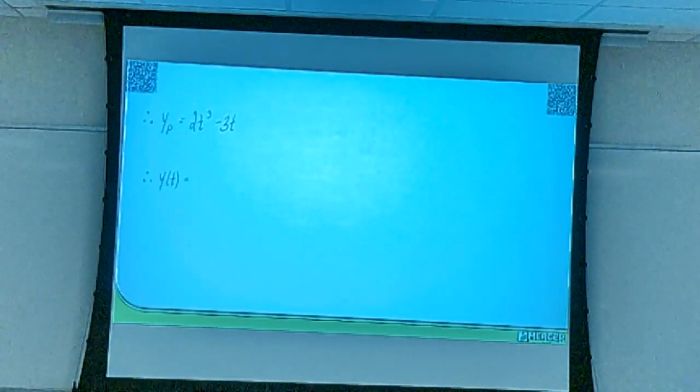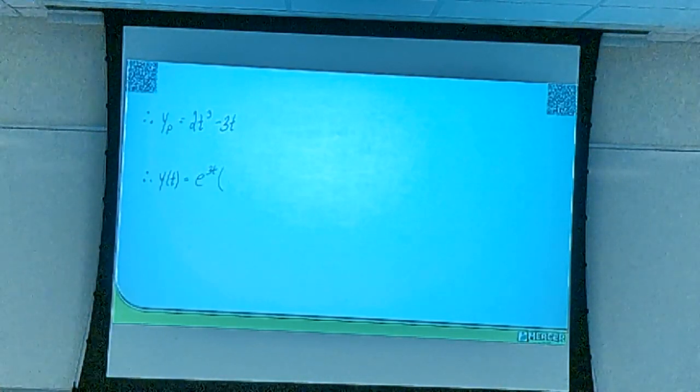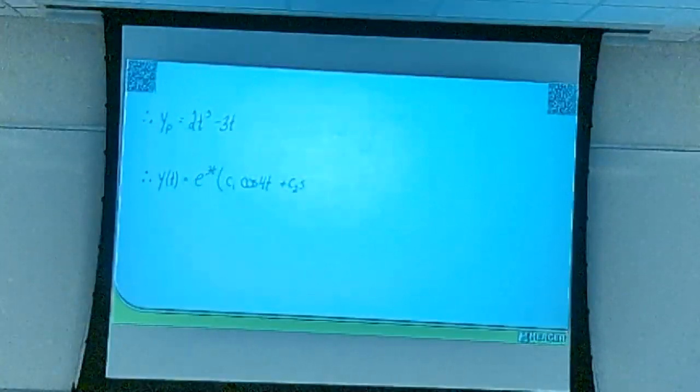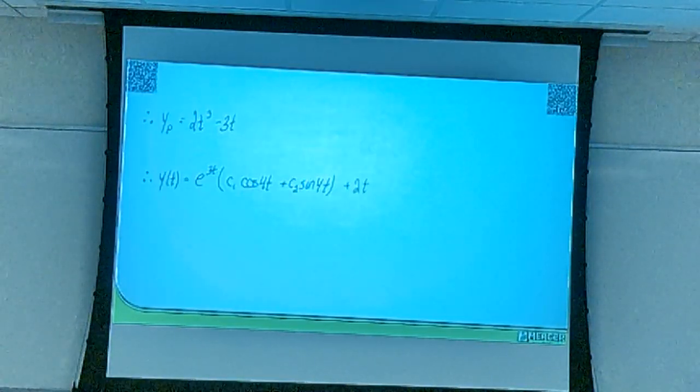General solution, complementary function, plus particular.